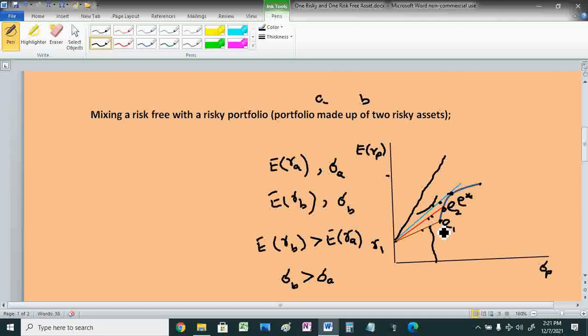at the same graph from another point of view, and it is that suppose that this frontier of the risky securities actually is not made up of two securities, rather it is made up of all the risky securities that are available in the market.